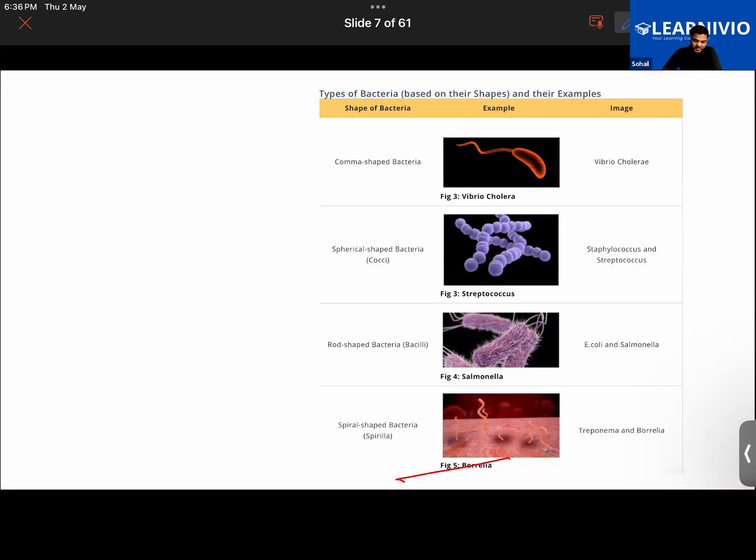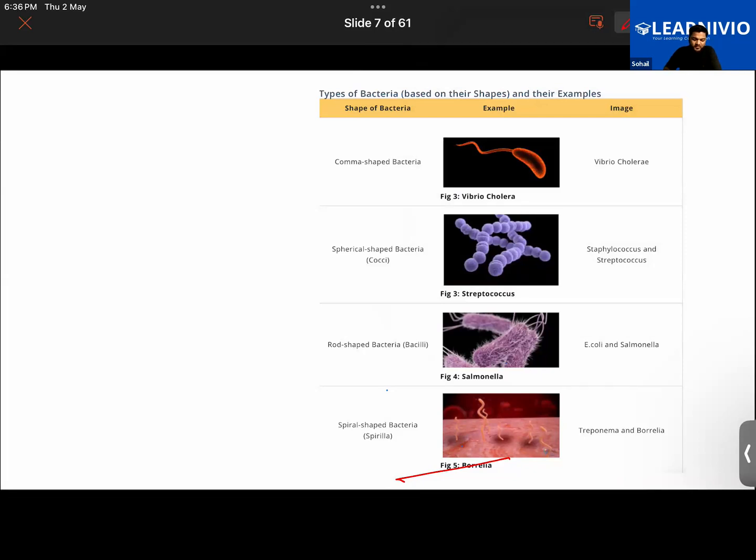So you have a spherical shaped bacteria like this here. Then you have rod shaped bacteria. See this bacilli. This rod shaped bacteria. You have a spiral shaped bacteria. You have a spherical shaped bacteria also. And there's one more, comma shaped bacteria also. So sometimes it is mentioned that there are 3 types of bacteria based on shape, or sometimes it is said that there are 4.